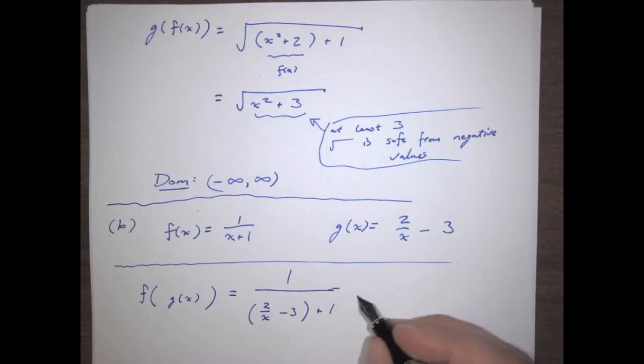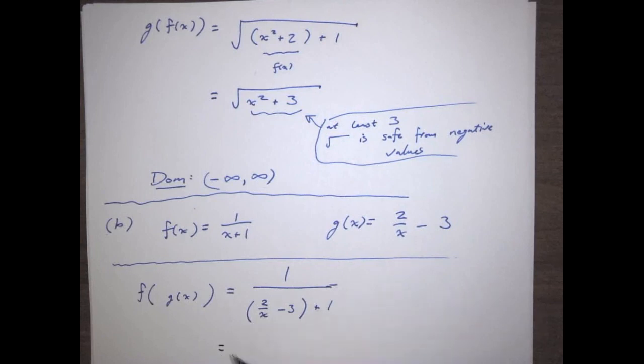This then can be dealt with by taking 1 over 2 over x minus 2, because these are again going to be like terms that can be combined.